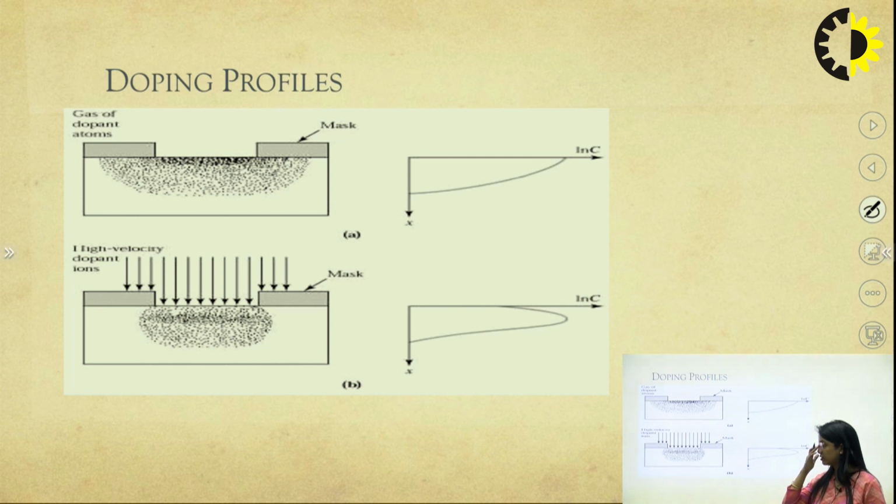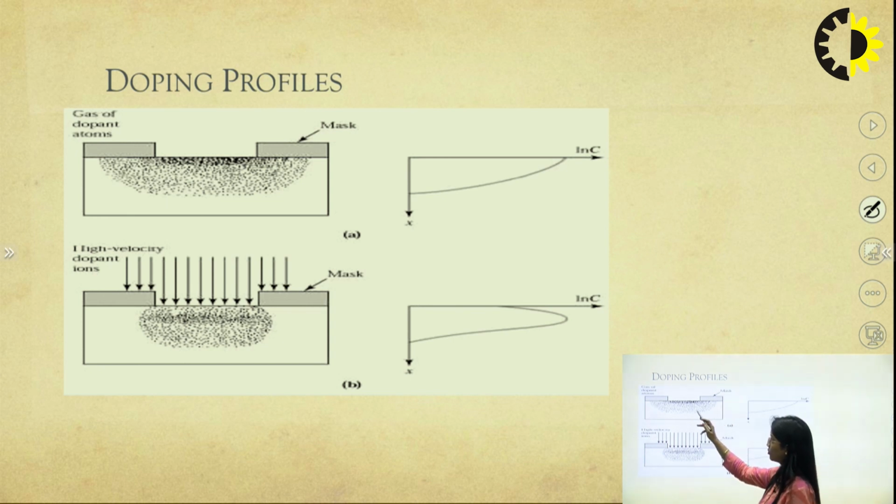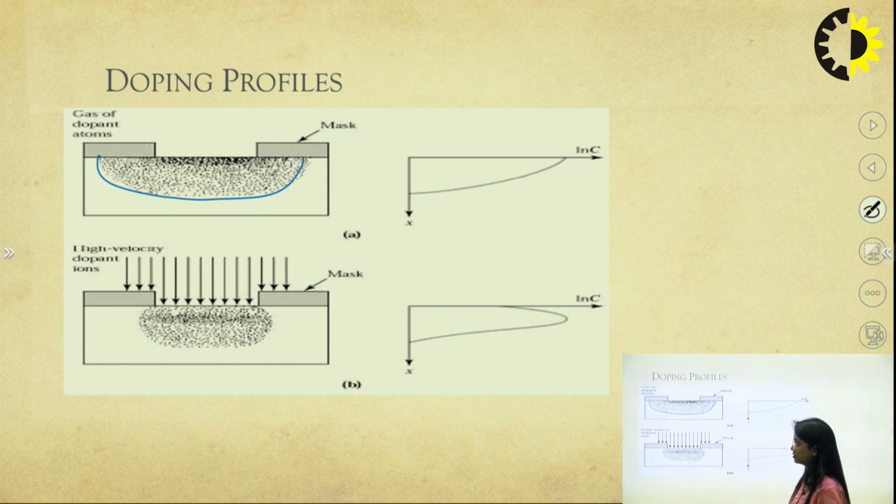Here in this diagram we have profiles where we are trying to add dopant atoms. In the doping profile, we can see a gas of dopant atoms, and the overall envelope of the well has become like this, and here we have high velocity dopant ions.